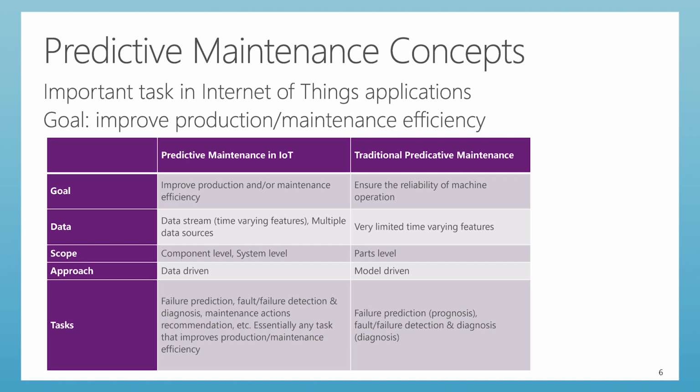Instead of focusing on the parts level, the lowest level of the machine parts, for example, the bolts, we mainly focus on the component level or machine level. For example, we want to predict when the elevator doors will have a failure, or when an aircraft engine will have some kind of symptoms of fault.